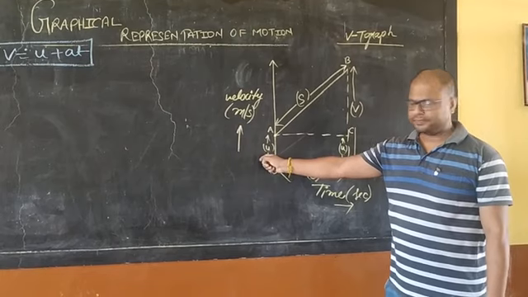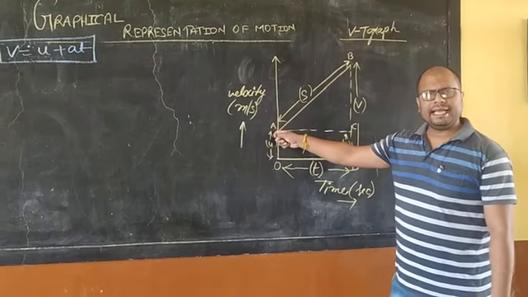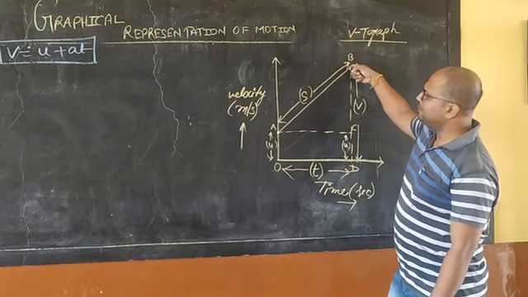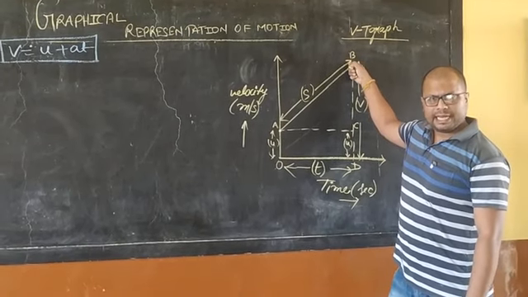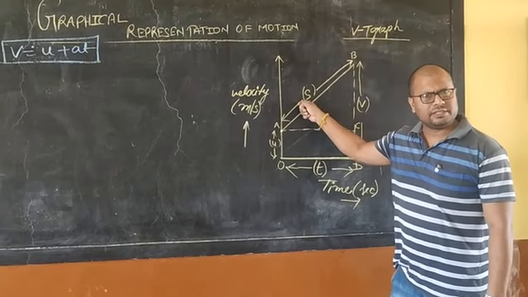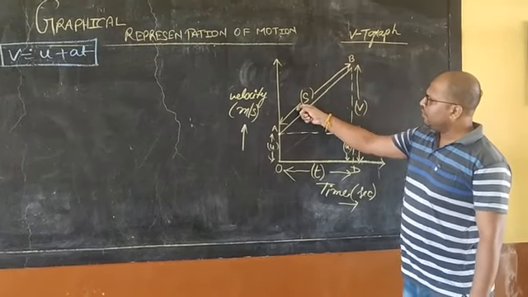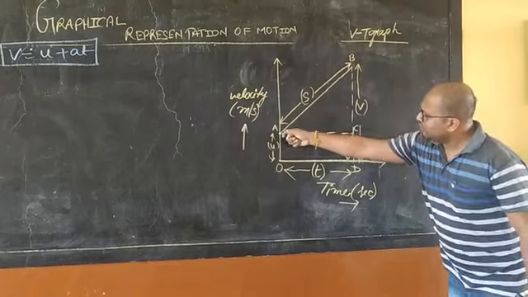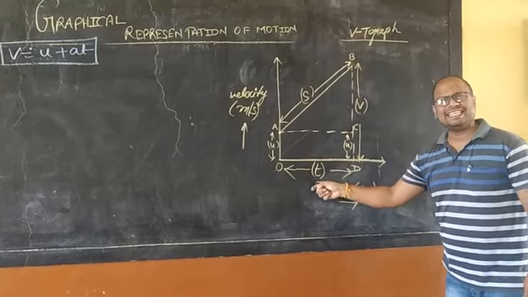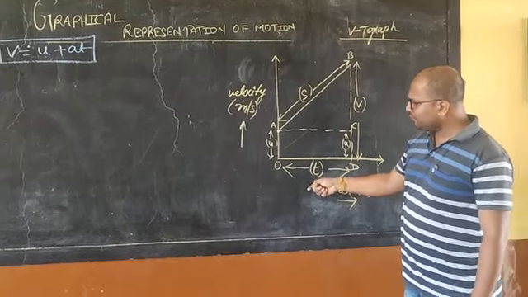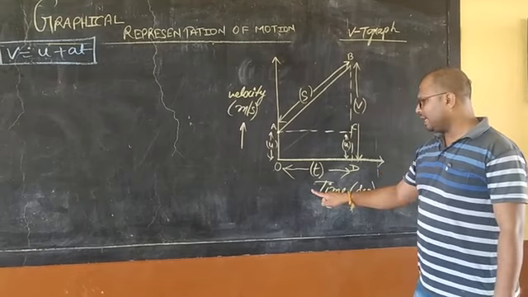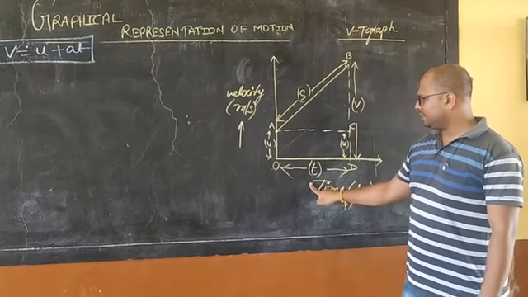Am I clear, students? From this point A, the journey has actually started. The body has gone from point A to B, covering a distance of S meters. Within this journey, the total time taken by the body is T seconds.